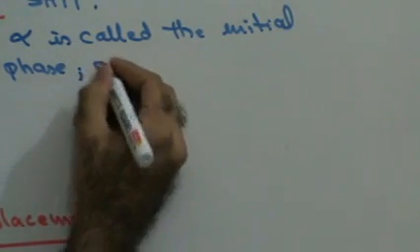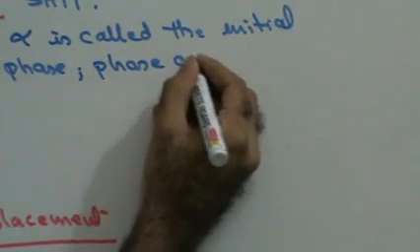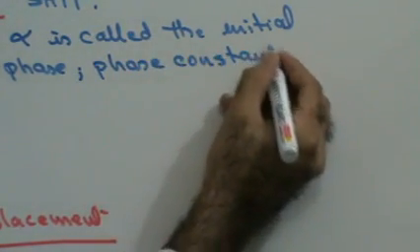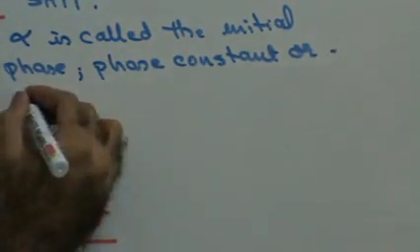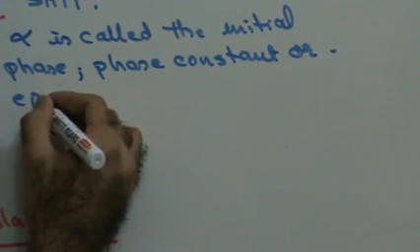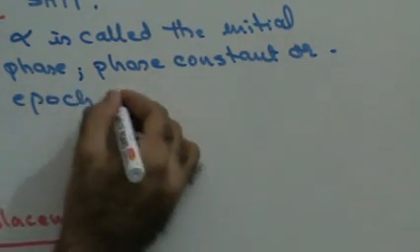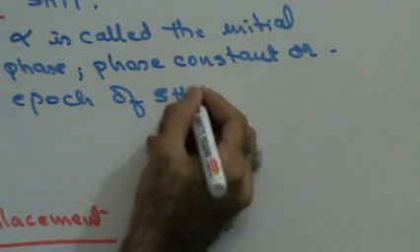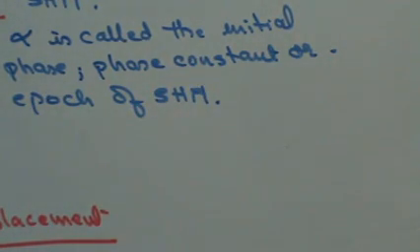Initial phase, phase constant or epoch of SHM. Right? That's how I define phase of SHM. Right? Now, let us try to find out the minimum and maximum velocity of a particle in SHM.